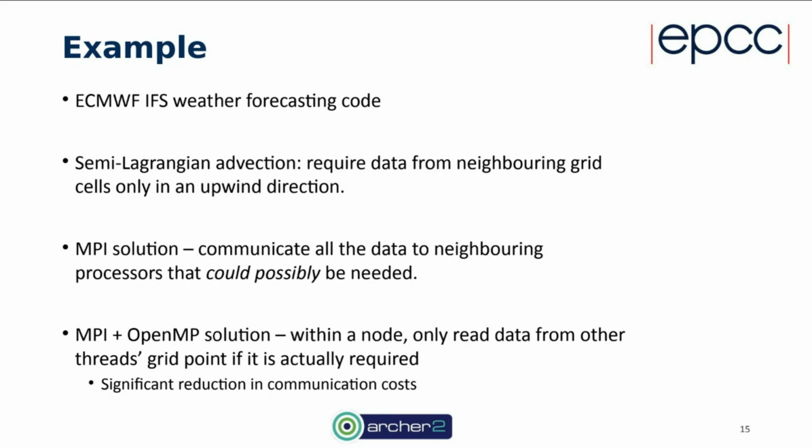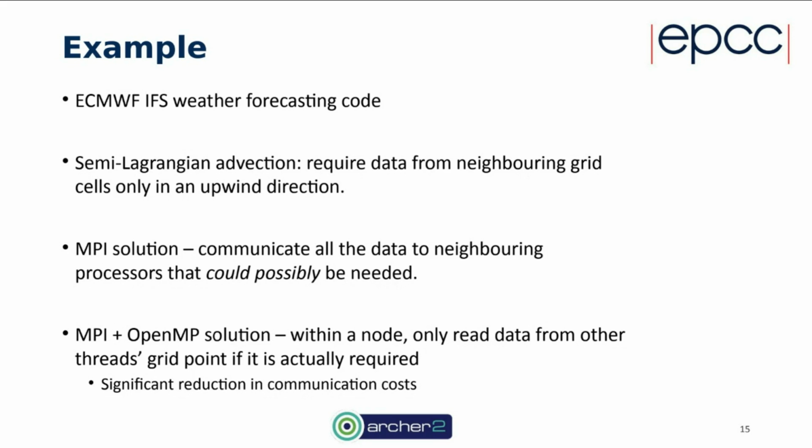But that knowledge is difficult to exploit in MPI. So the MPI solution is just to communicate all the data to the neighboring processes that could possibly be needed, because a given process does not know what the wind direction is on the grid point on its neighboring process.